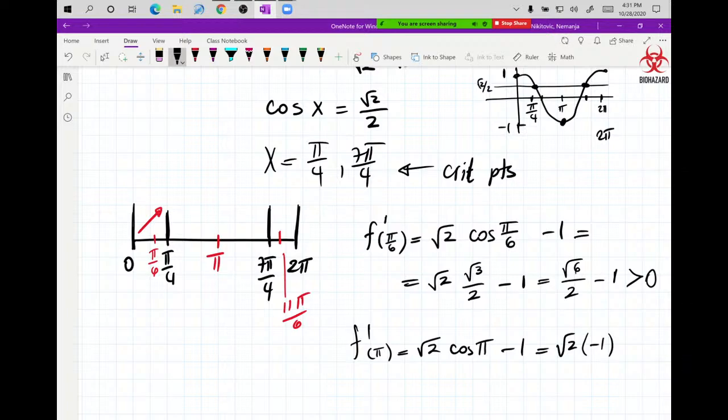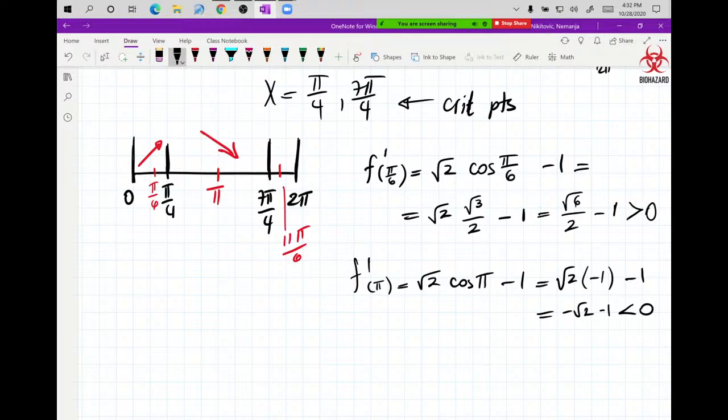It's the lowest point. And then we still have minus 1. So this is negative root 2 minus 1. Well, that's going to be negative because you have a negative number minus 1. Well, that just makes it more negative. So we have a decrease over here.